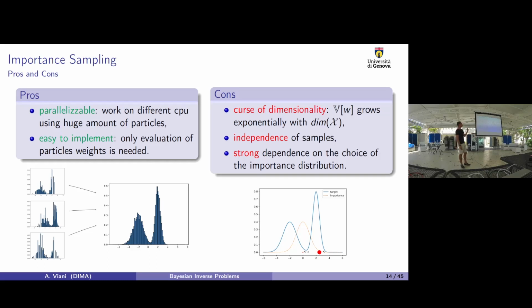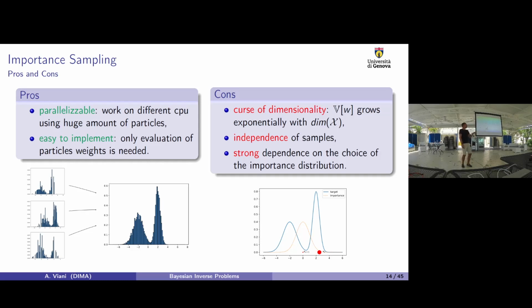But here there are also a lot of concepts, because there is the so-called curse of dimensionality. What is this? The first day someone talked about that, I don't remember who. It's the fact that the variance of the weights increases exponentially with the dimension of the space where the random variables live.